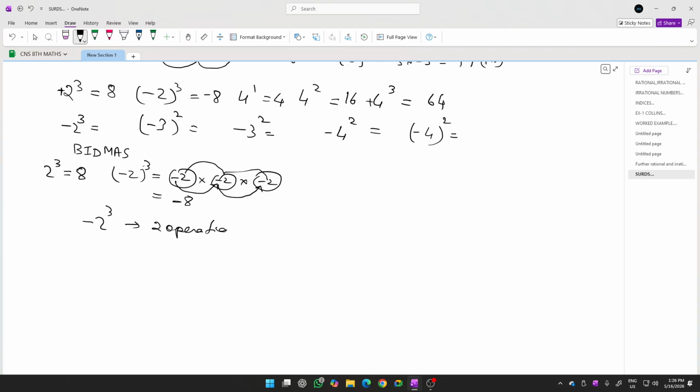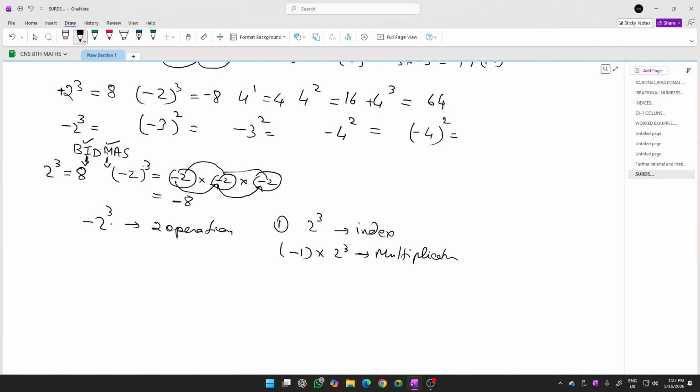One is 2 raised to 3, that is index, and another is minus 1 multiplied by this 2 raised to 3, which is multiplication. When there are two operations to be performed, you have to go in order. I stands for index and M stands for multiplication, so first you do index and then multiplication. Don't do multiplication first and then index.